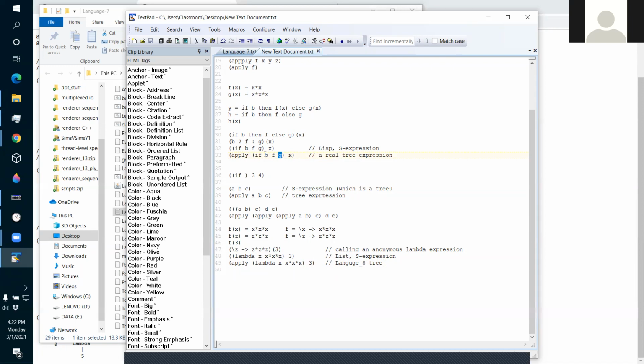Assuming that, this if expression will give you back a function. I could put a lambda expression right there, and I could put a lambda expression right there. So then this if is choosing between two lambda expressions. That would just be a more sophisticated version of this.